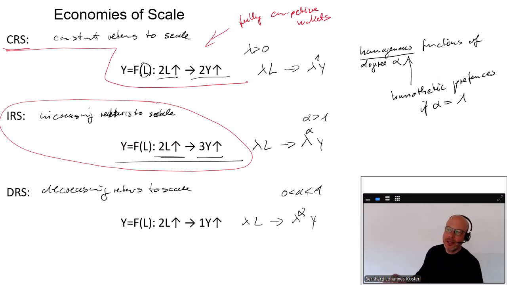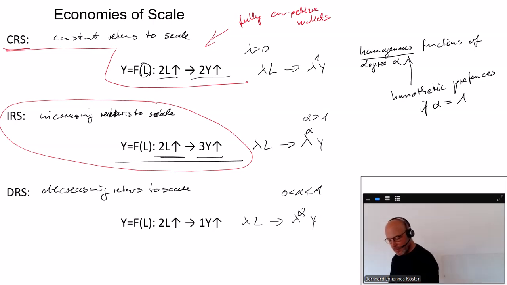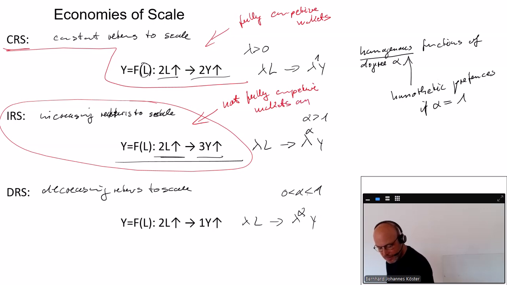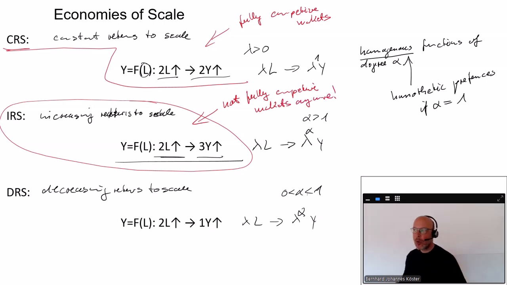Well, and there you see, then it is not that easy just to relax this assumption, because here, not fully competitive markets anymore. Or we have to argue that in competitive markets, we, in the actual situation, can argue that although we have competitive markets, it is still possible to have these increasing returns to scale.